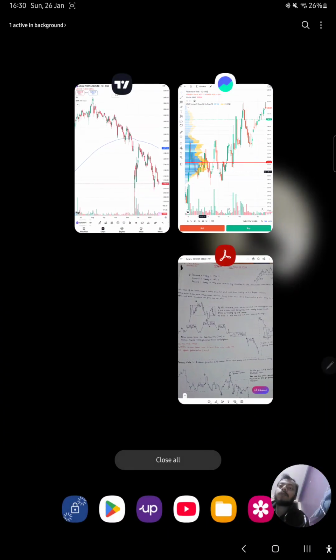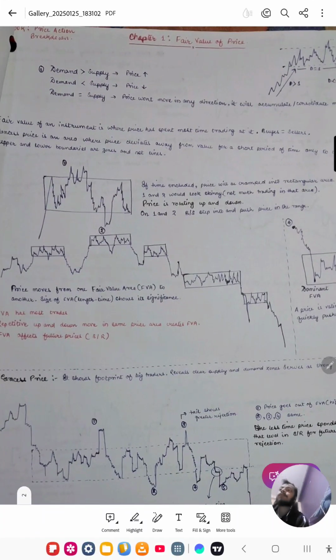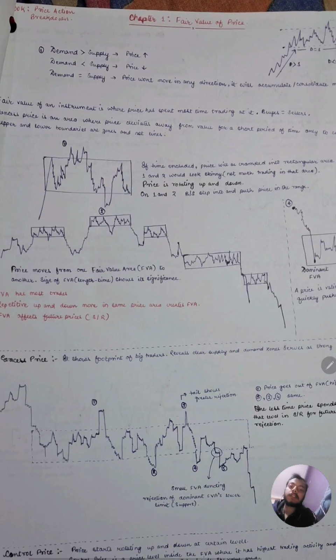Let's go back to the text. In this book, the author has taken this idea from volume profile. For guys who don't know, price action is the pattern made by price of any particular instrument with respect to time.